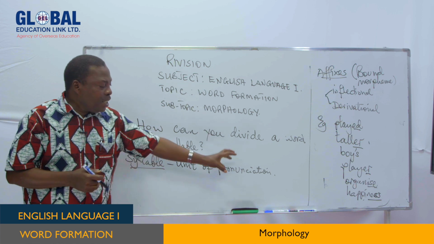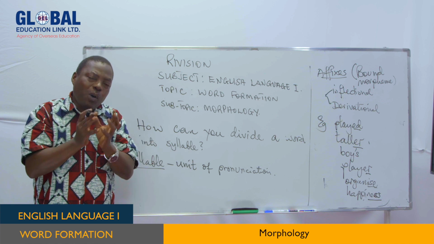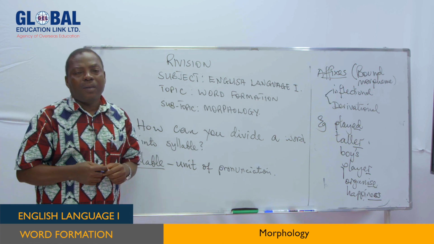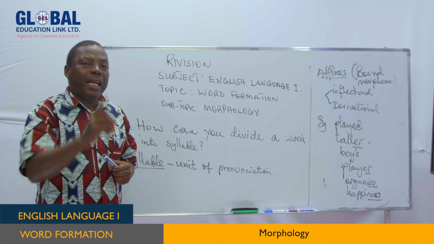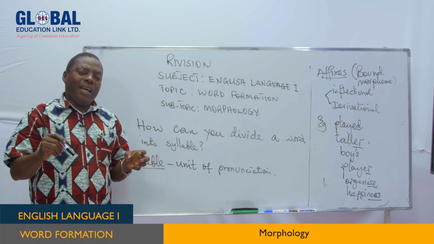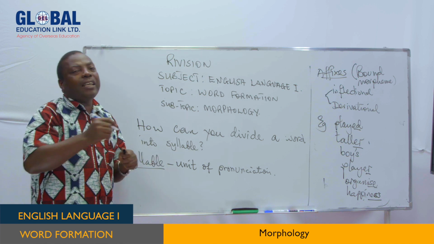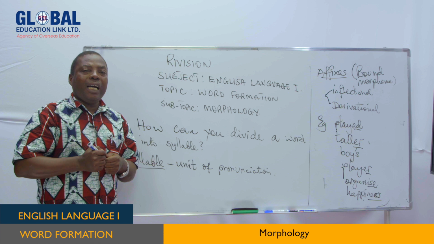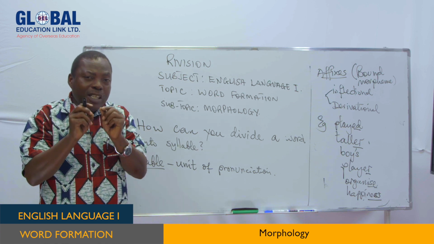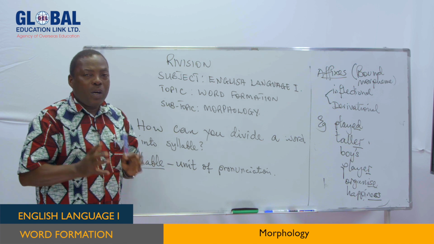Because a unit of pronunciation is part of a word, or a word which you pronounce at once, or pronounced as a single element. But when we write, it is difficult to say that I write it as a single part or as a single element. That's why we say it is very easy to recognize a syllable when we speak.